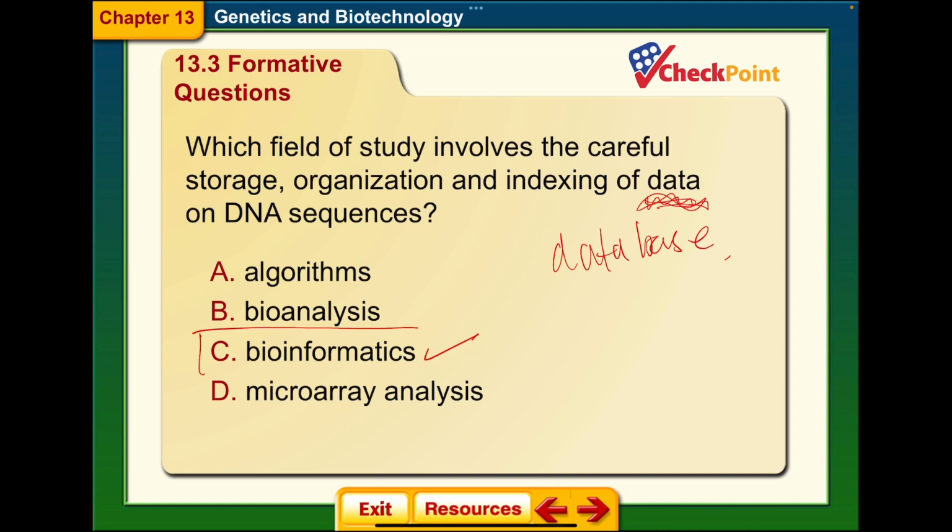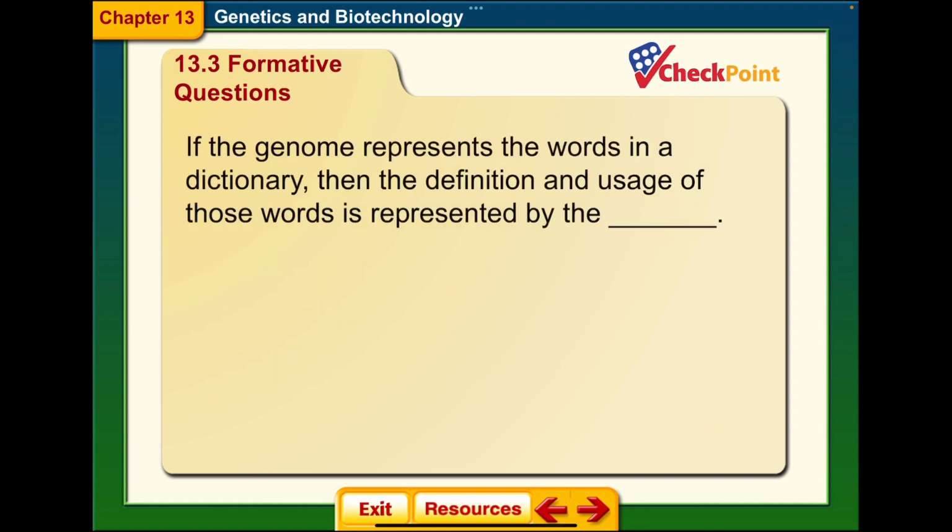Yes, it is. Why? We said that bioinformatics is the storage, cataloging, maintaining and organizing of a database of DNA sequences. So when we talk about the careful storage, organization, and indexing of DNA, or making a database or indexing data on DNA sequencing, we're talking about bioinformatics.